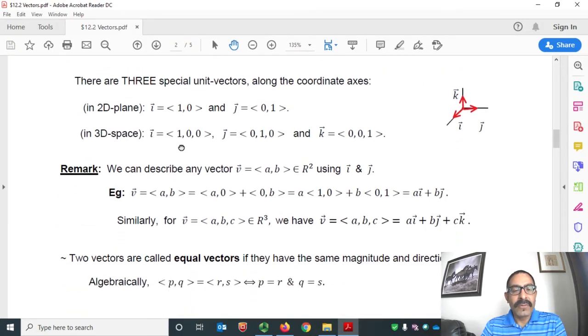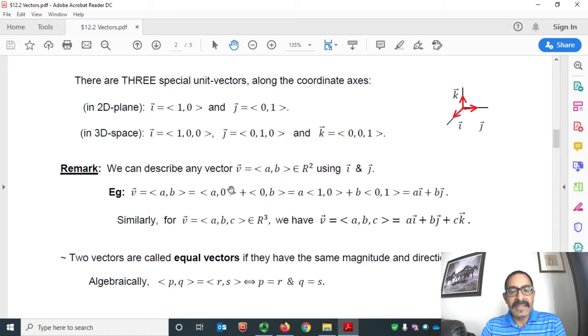Next remark, we can describe any vector using i and j in R2, using i, j, k in R3. That means we can describe any vector using standard unit vectors. For example, we can rewrite this vector V, whose components are a, b, as a, 0 plus 0, b.